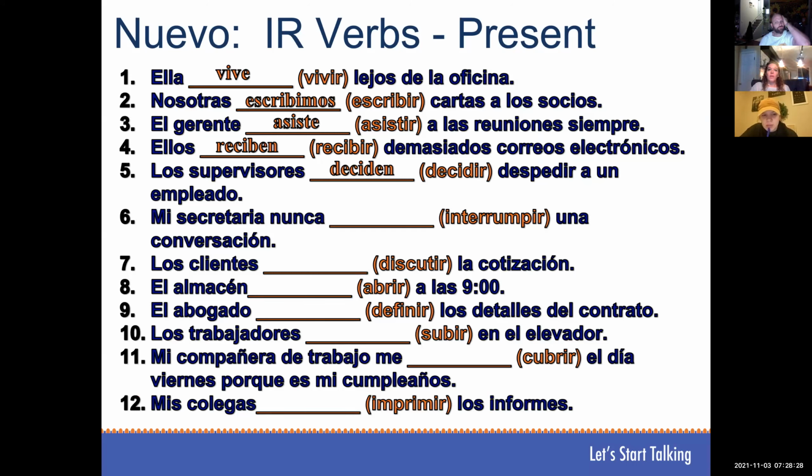Mi secretaria nunca interrumpe una conversación. It's a hard one, yeah. Los clientes discuten la cotización. Muy bien. ¿Qué significa cotización? Is a quote, like a bill, an invoice. Okay. So the clients are arguing about the quote, the bill, the invoice.